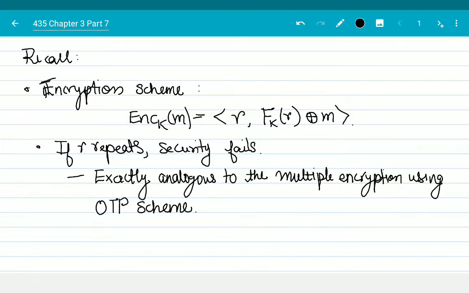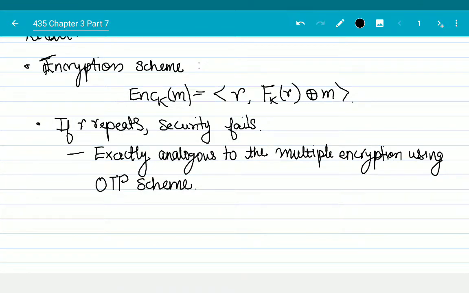Right? One-time pad fails for multiple message encryption using the same key for exactly the same reason that here it would fail, right?